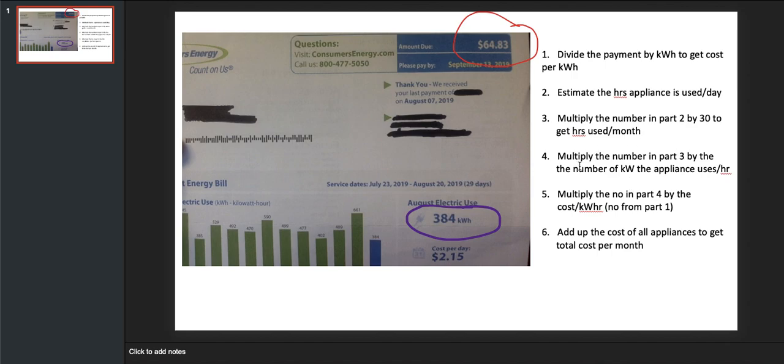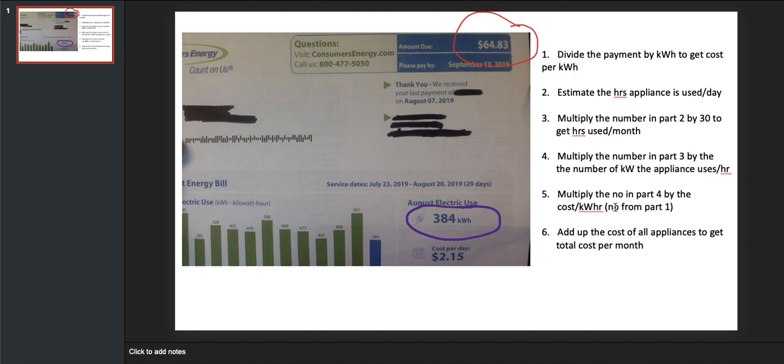Then you multiply that number that you estimated in part 3 by the kilowatts the appliance uses per hour. And you should have a little sticker with each appliance that shows the watts, converted to kilowatts by dividing by 1,000 to find the kilowatts the appliance uses per hour.